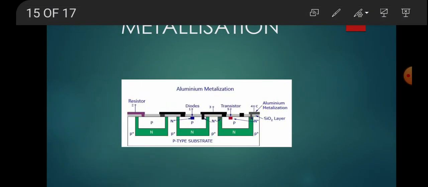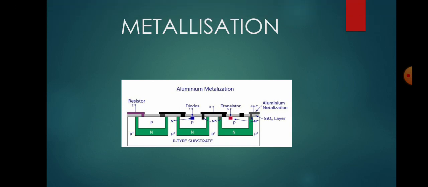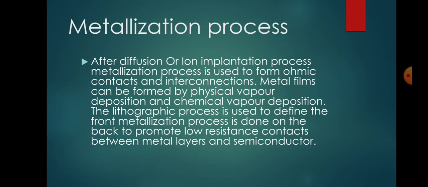Now finally, we discuss the metallization process. After the diffusion or ion implantation process, a metallization process is used to form the ohmic contacts and interconnections. Metal films can be formed by physical vapor deposition and chemical vapor deposition, both the methods.